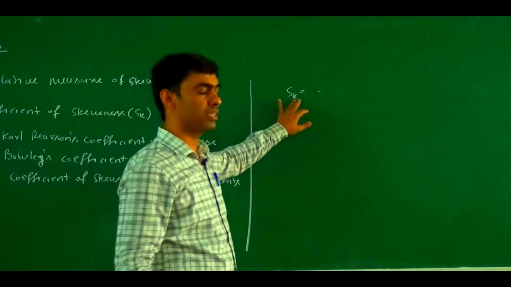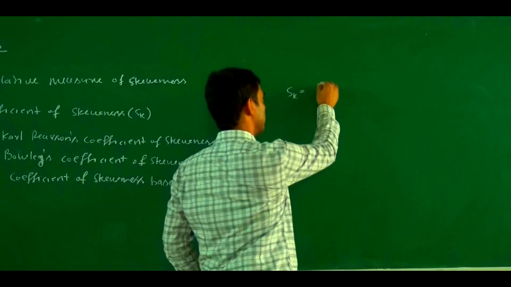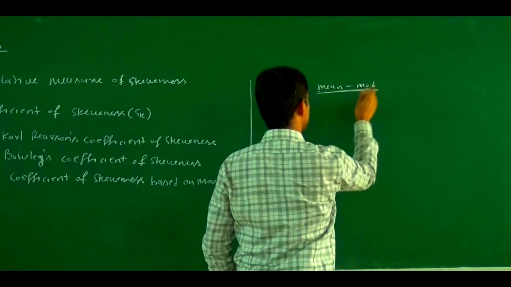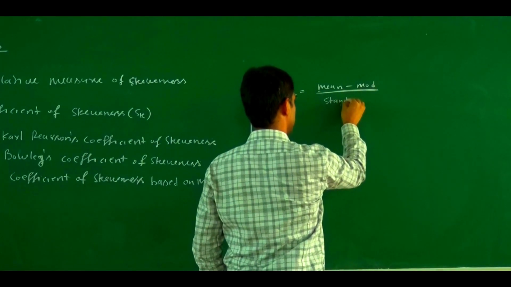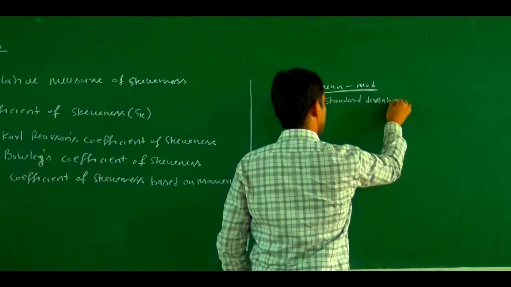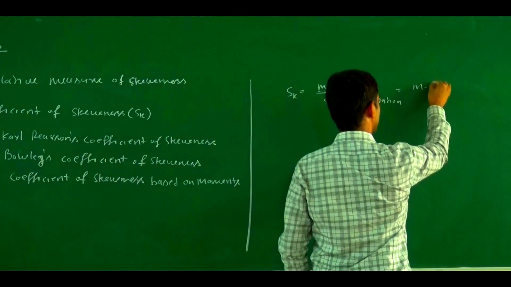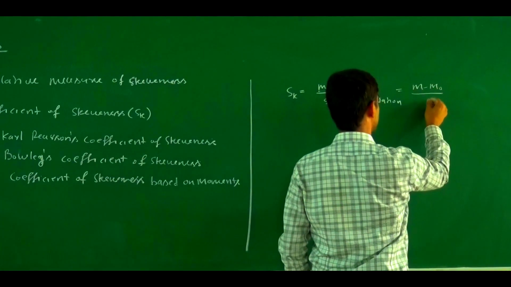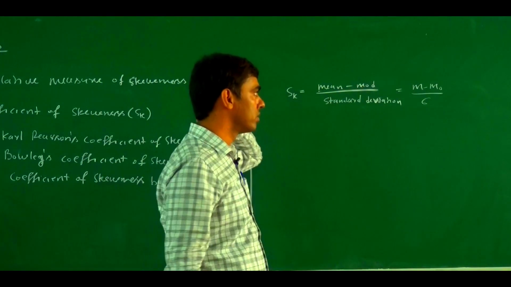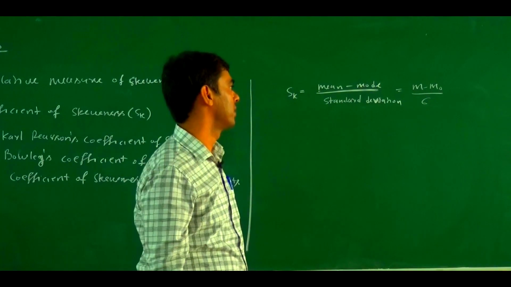Now first we discuss Karl Pearson's coefficient of skewness. The standard notation is SK equals mean minus mode divided by standard deviation. In terms of notation, the value becomes M minus MO divided by sigma, where M is the mean, MO is the mode, and standard deviation is sigma.